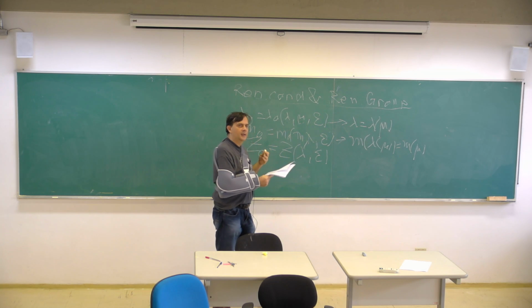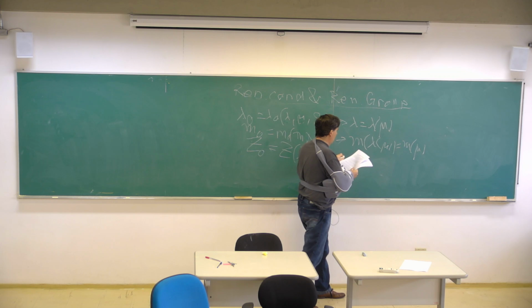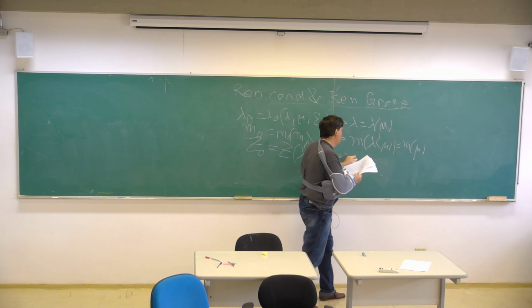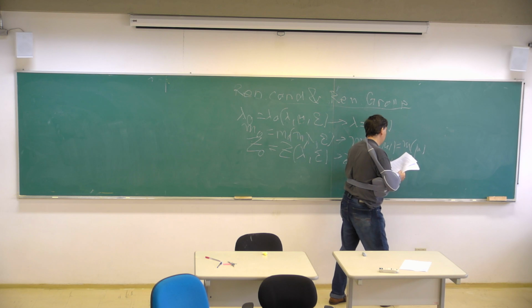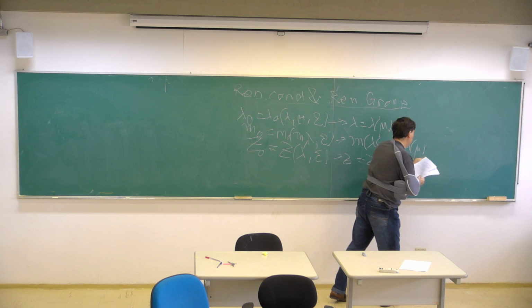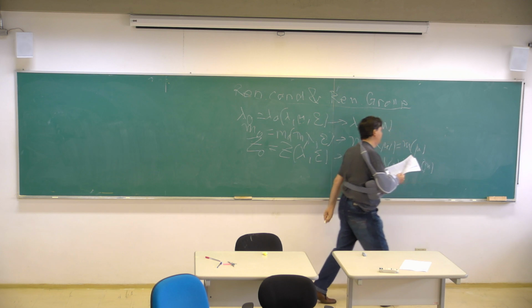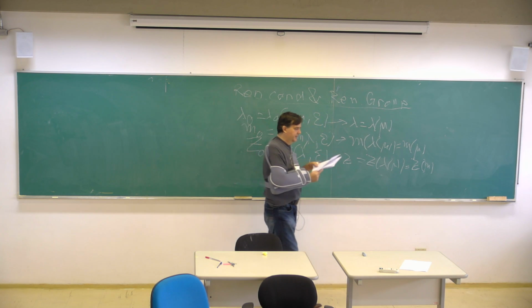Remember, mu is the arbitrary quantum scale. And in the same way, z is z of lambda of mu, that is to say, also depends on mu. So that's one way of thinking about it.